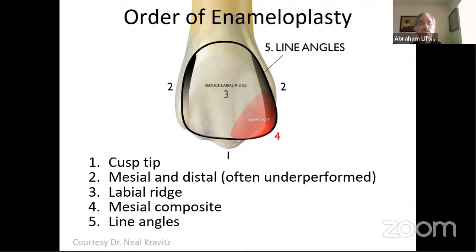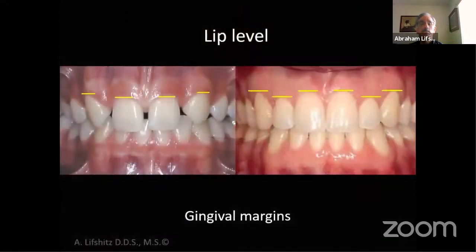Then we have to reduce the labial ridge, meaning we have to make a flatter surface on the canine. And many times we have to add composite on the incisal angle to get a more aesthetic result. And also we have to smooth the line angles.